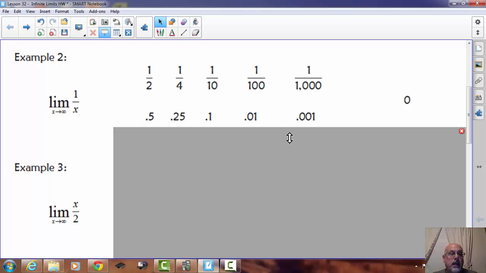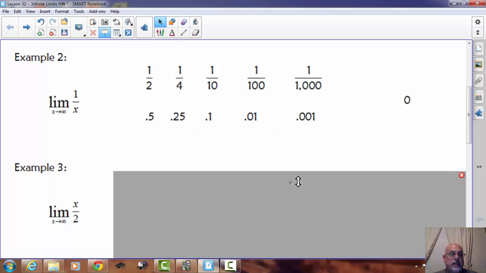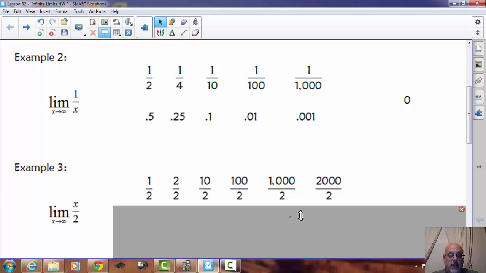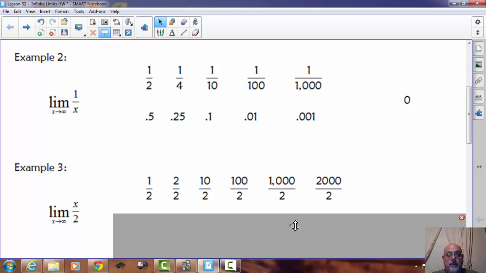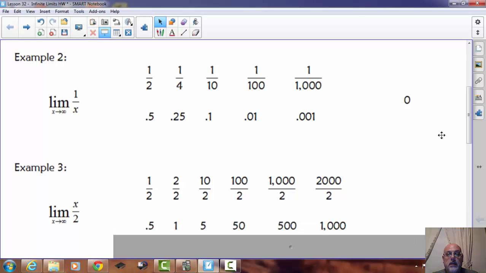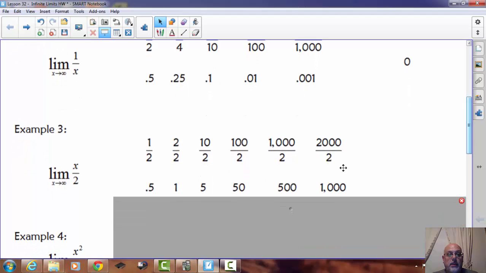Now let's take a look at the limit of f of x as x approaches infinity, where f of x equals x over 2. Again, I chose some random values to replace x. Regardless of what value I put in for x, as the values of x increase, so do the values of y.